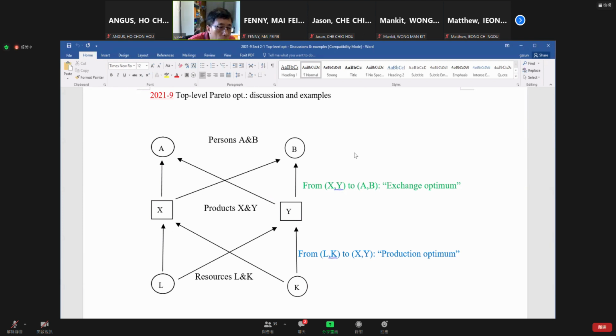We are doing all the things for the people. Basically, we are turning resources into happiness, into welfare, by going through the complicated social process.